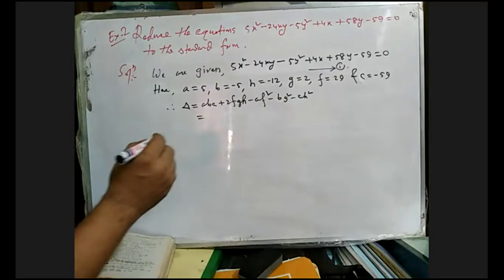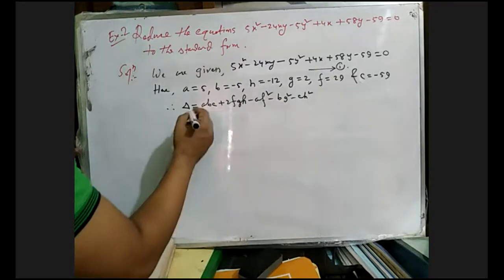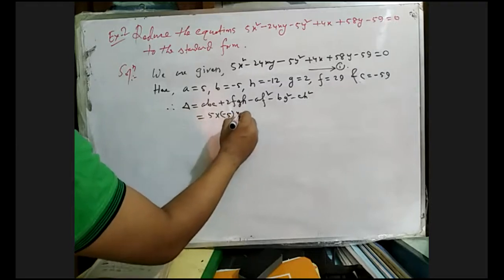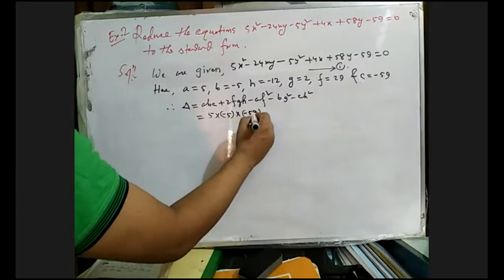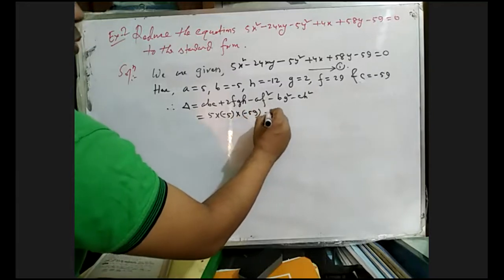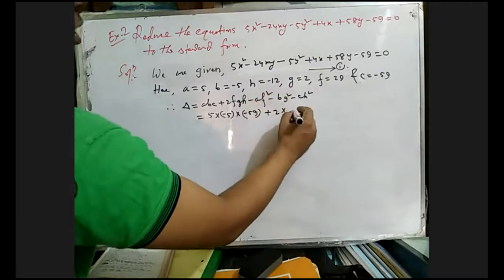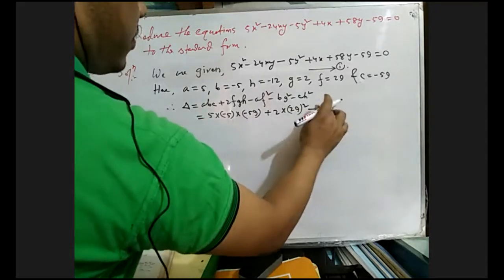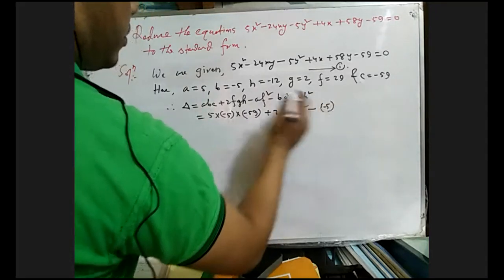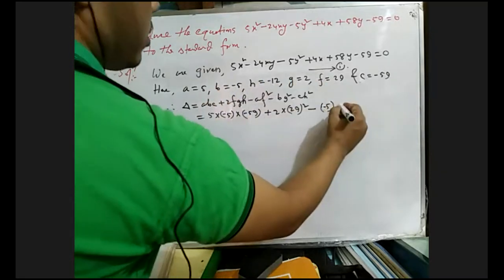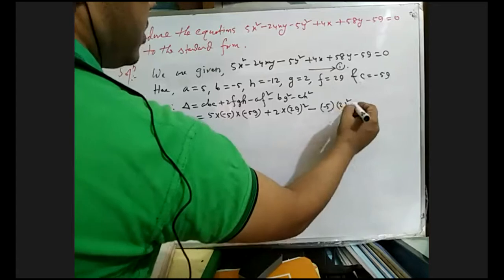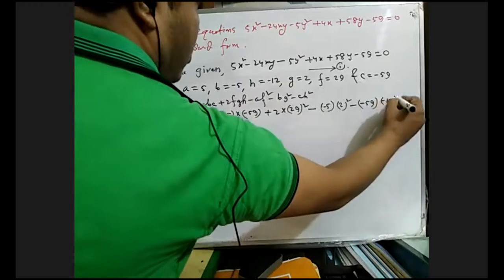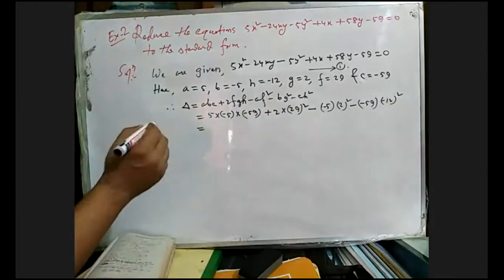Just putting the values, we get 5 multiply minus 5 multiply minus 59, plus 2 multiply 29 multiply 2 multiply minus 12, minus 5 multiply 29 whole square, minus minus 5 multiply 2 square, minus minus 59 multiply minus 12 whole square. So we can calculate this.